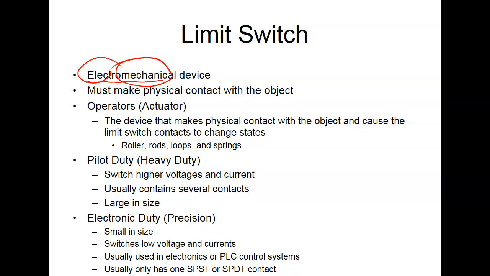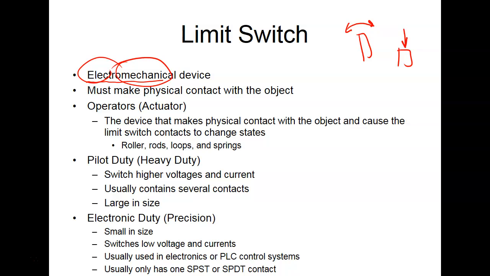Now, there are different types of limit switches. We have rotary switches, where the actual operator moves in an arc, and then we have the plunger type, where the actual operator moves in and out, right? These usually have a spring in them that returns them to their normal position when they're not being actuated.